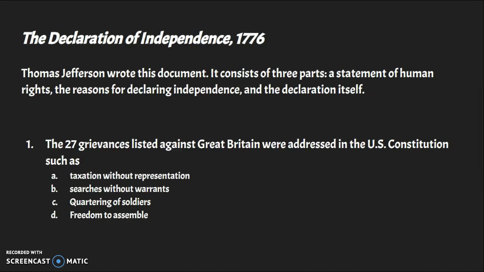So we kind of use this as a checklist to make sure that we didn't create another government that would hurt our people in our country. So read over this slide and add any influential ideas and ideas that we have in our Constitution today to your notes. Great job so far. You can pause this video now.